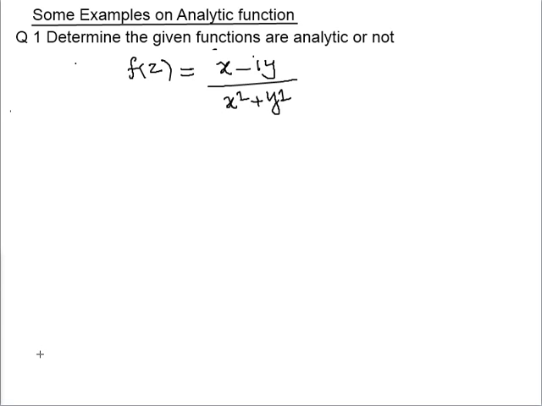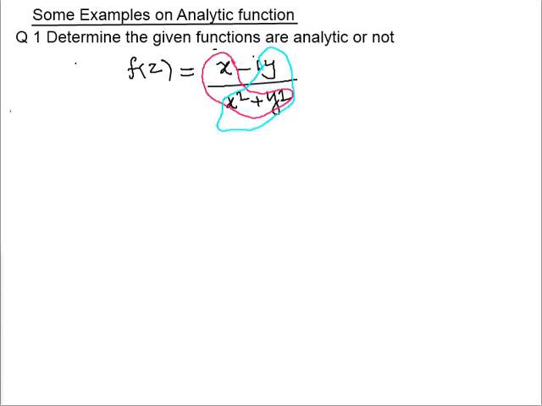We can check very easily. Without the iota part, this is my u, and my v is given by y upon x square plus y square.